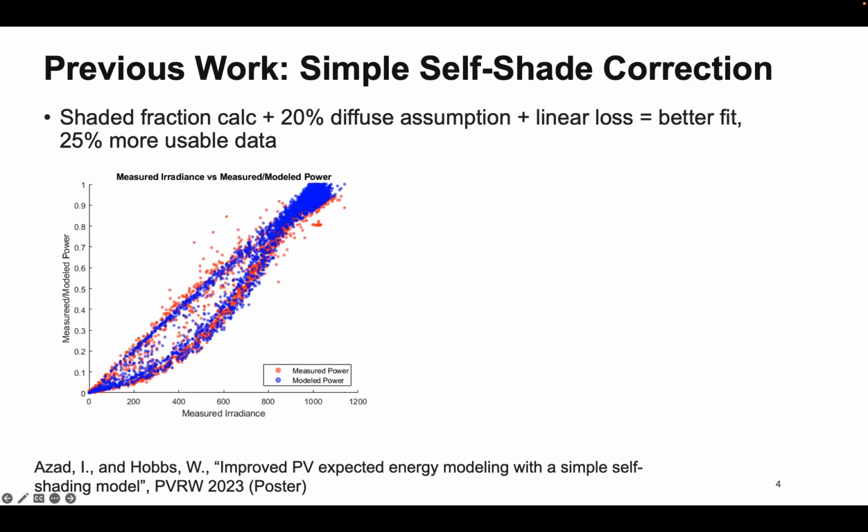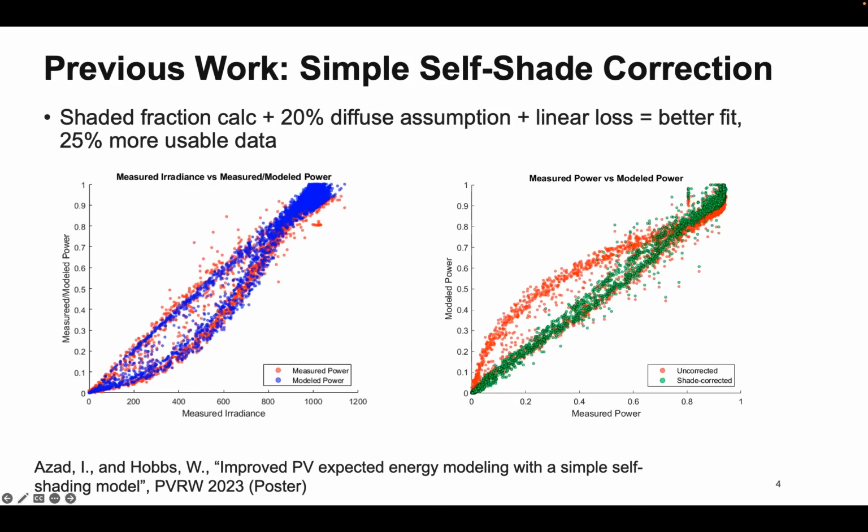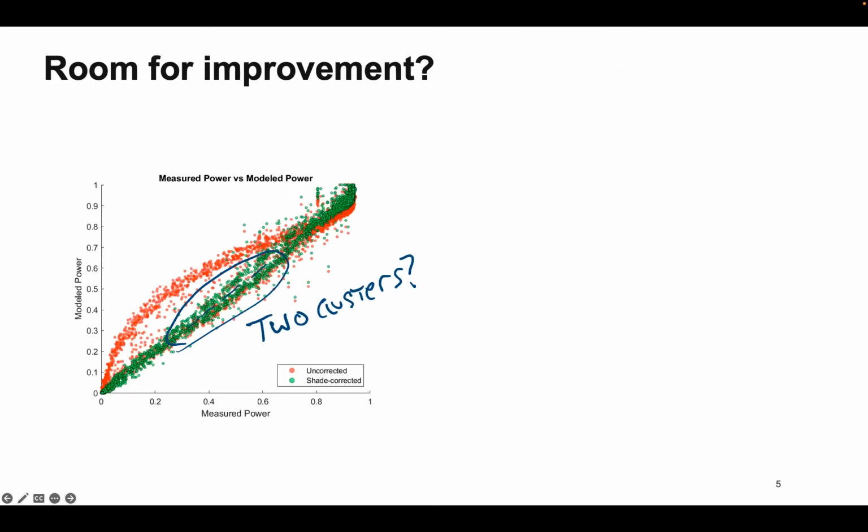So here's a look at modeled and measured power as a function of irradiance. We see generally pretty good agreement. And then here's modeled versus measured power with the shade correction in green and without in red. And so you can see that if we didn't apply that correction but tried to model all intervals, we would dramatically overestimate power during a lot of the time. So, okay, so that was our poster at PVRW.